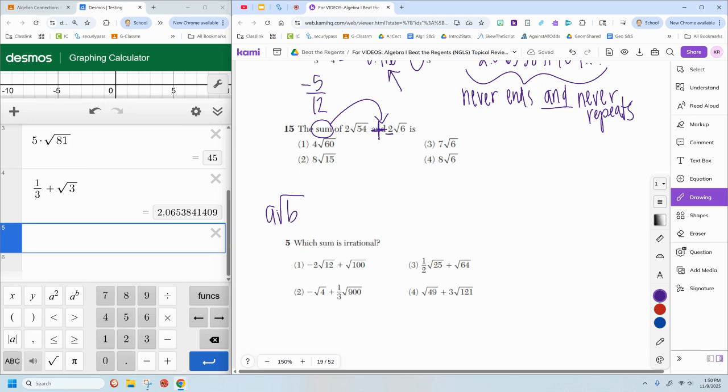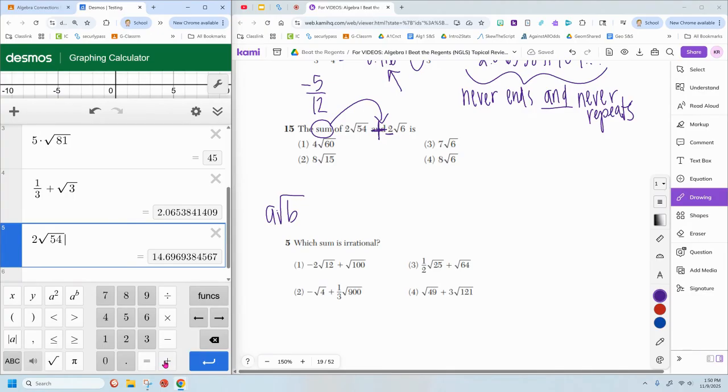All right, so first thing I'm going to do is evaluate the addition problem, which is the question. So 2 radical 54 plus, oh, and I made an error. I got to back up. I got to get out. There we go.